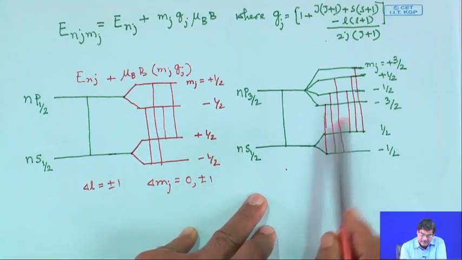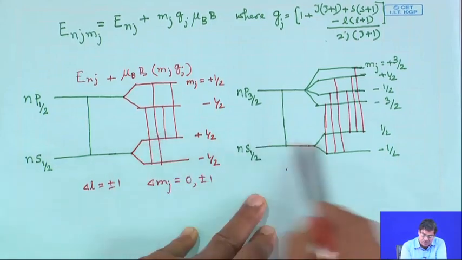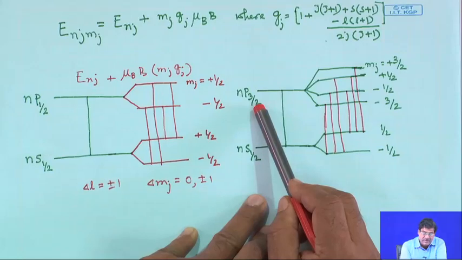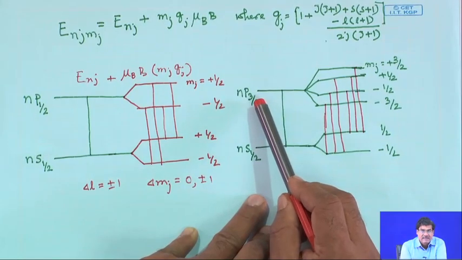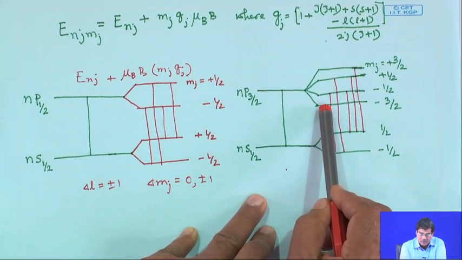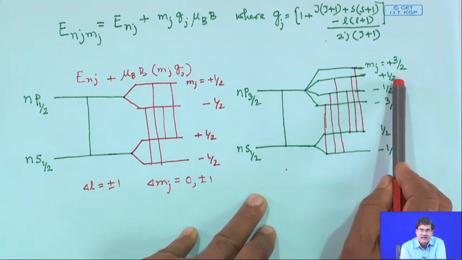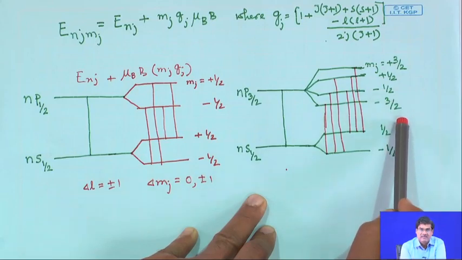Here again S half is split into 2, and for P 3 by 2, J is 3 by 2, so M_J will have 4 values: plus 3 by 2, plus half, minus half, minus 3 by 2.